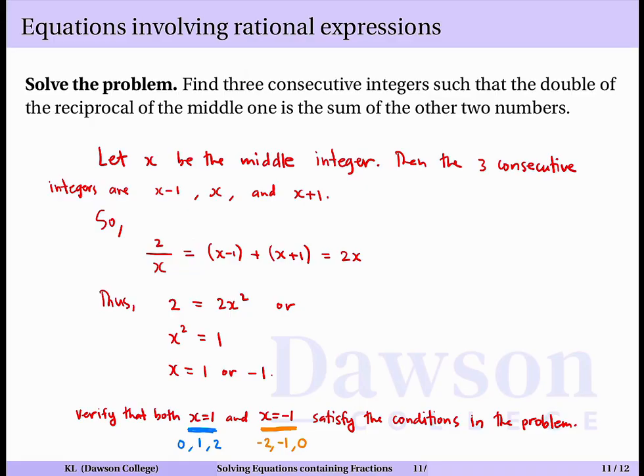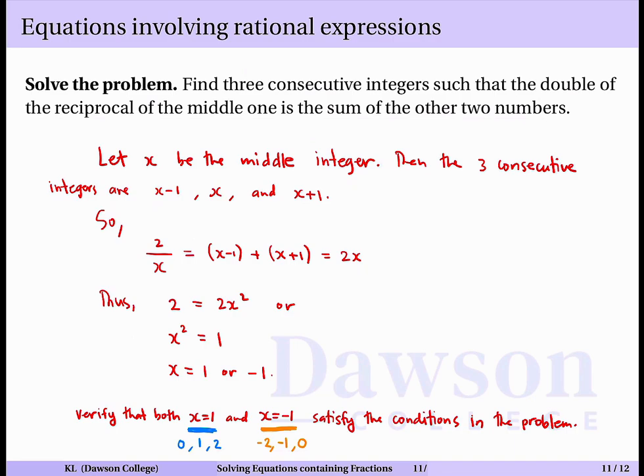So you need to test that these three numbers satisfy the condition: double of the reciprocal of the middle one is the sum of the other two numbers. And similarly, you test that this triple will satisfy that same condition.